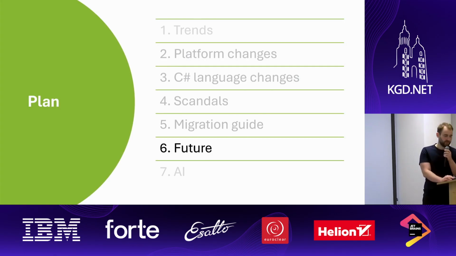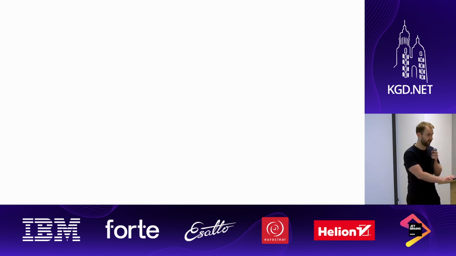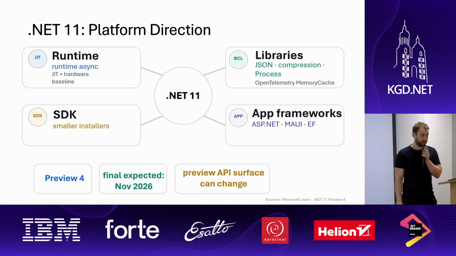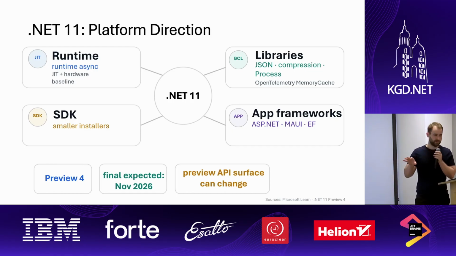So the future: let's look forward to .NET 11 and the new C# language. It's primarily a runtime and tooling release. This slide groups the work into runtime, libraries, SDK, and app frameworks.